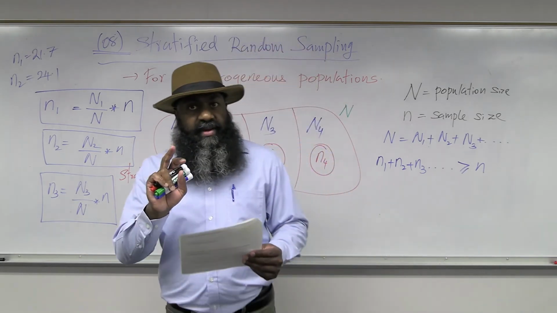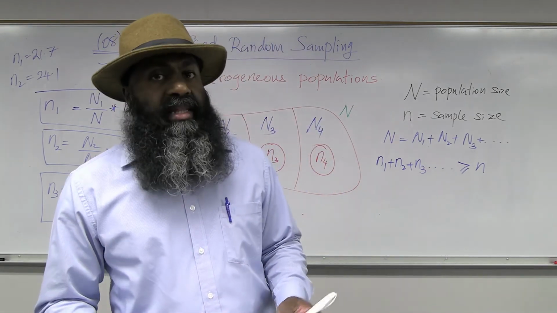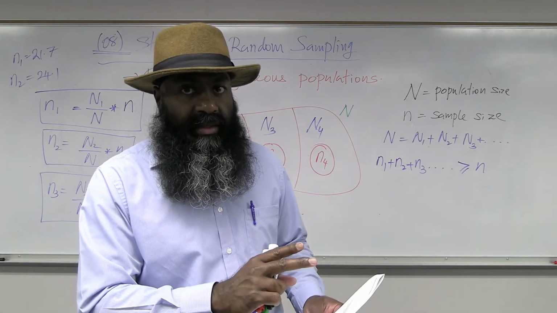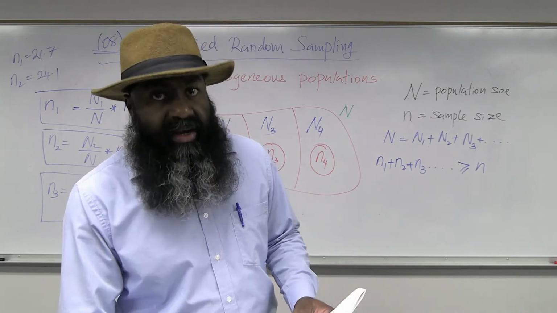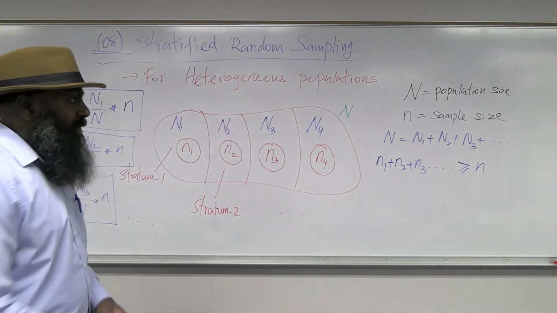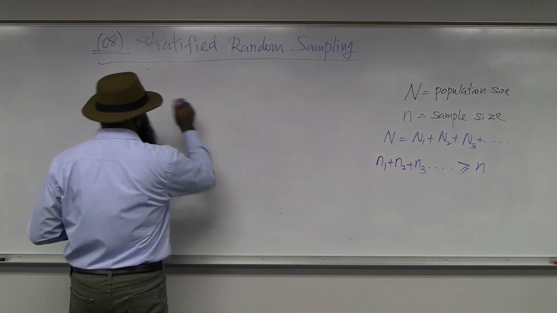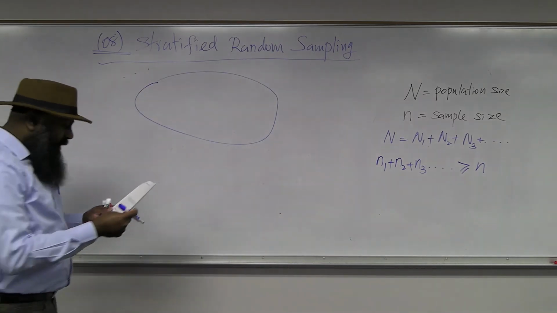Now we have 3 suppliers, clearly. That means there are 3 strata. And we have to select a sample proportionally to each stratum. Okay? So let's do the calculation. All right, so I will draw a figure like that. That's my population.